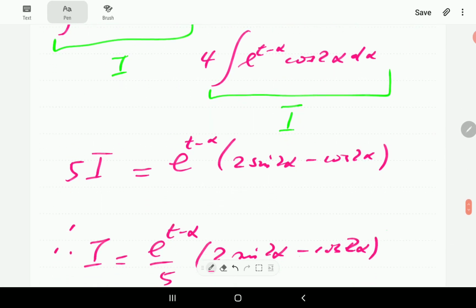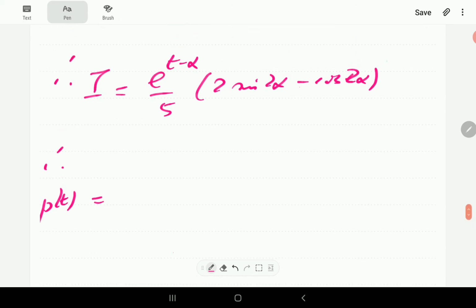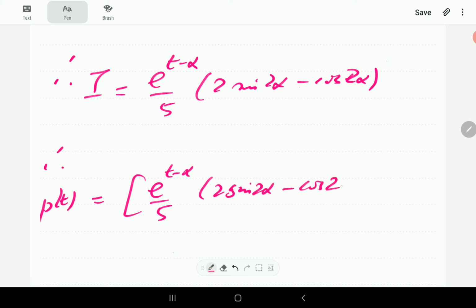Okay, so P of t is going to be, so we're going to evaluate this from 0 to t. So sine 2 alpha here minus cosine 2 alpha, 0 to t.